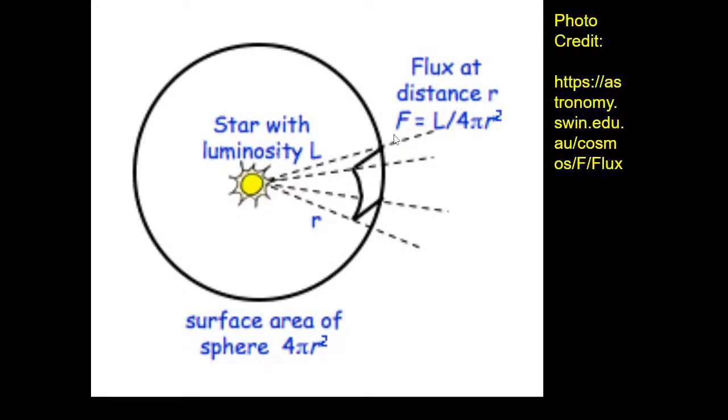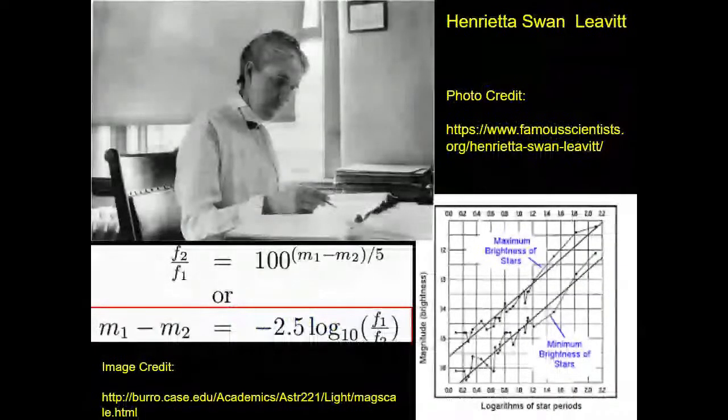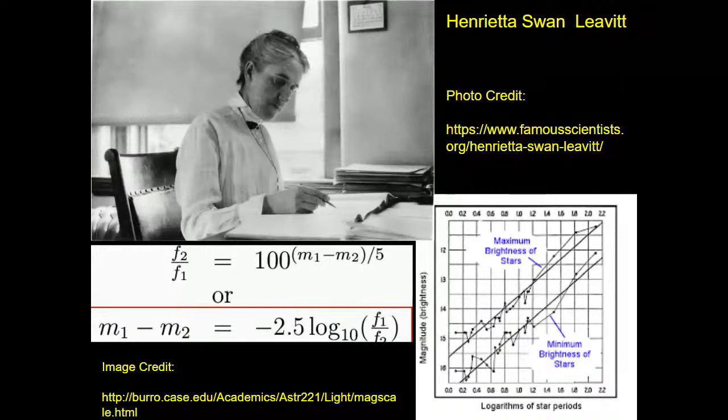So if the luminosity is known independently and flux is measured, one can find out the distance also. So Cepheid variables, by virtue of the work done by the astronomer Henrietta Swan Leavitt, gave a big boost to estimation of faraway objects in our universe. In particular, it established that the faint nebulae like Andromeda and others were actually galaxies in their own right, but lying at very large distances.